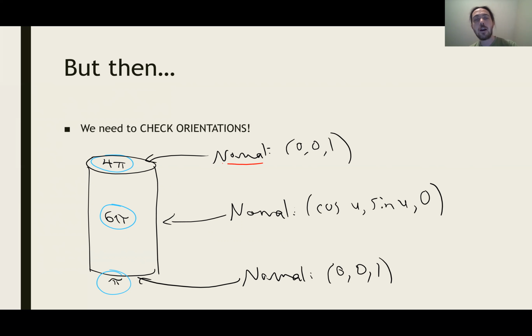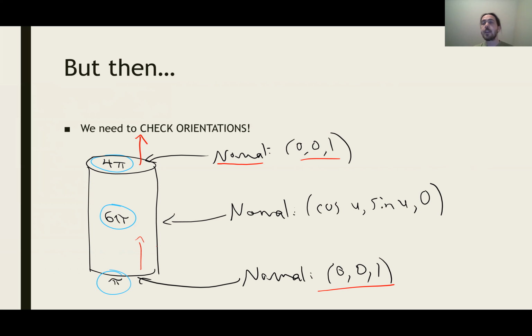So for the top, my normal vector was 0, 0, 1. 0, 0, 1 points in the positive z direction. So that's perfect. That is calculating flow out of the cylinder. For my parameterization in the bottom, my normal vector was 0, 0, 1. That's not pointing outwards. That's pointing inwards.